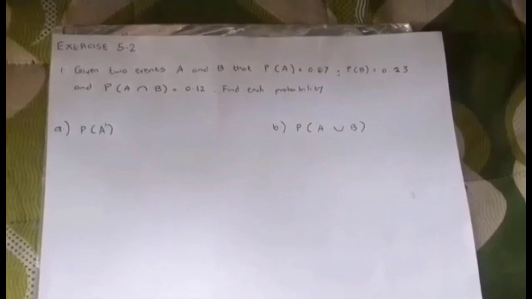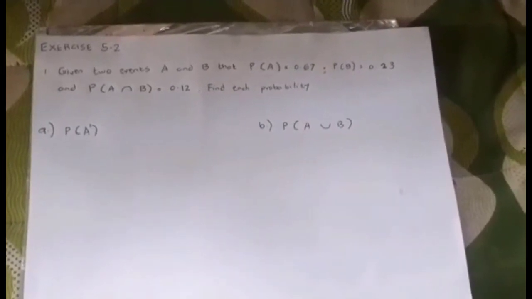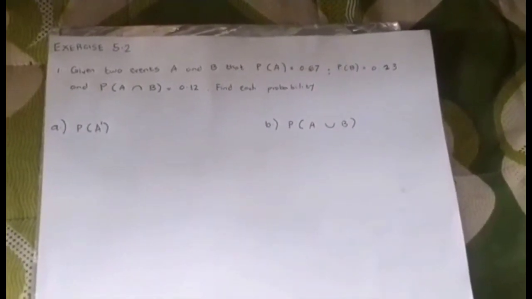Given two events A and B, the probability of A is equal to 0.67, the probability of B is equal to 0.23, and the probability of the intersection is equal to 0.12. So find each probability. In A, find the probability of the complement of A, and in B, find the probability of the union.